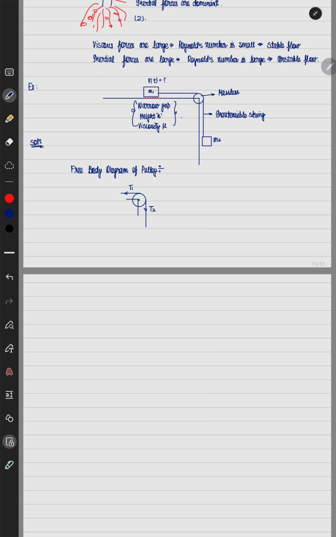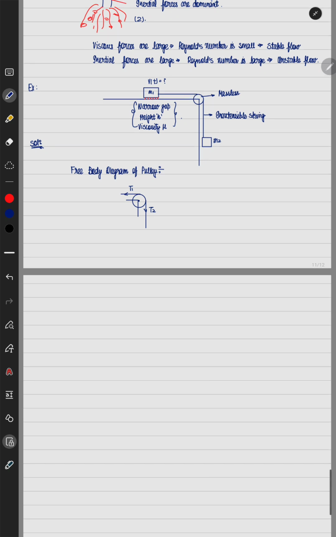table. Now since there is no linear acceleration on the pulley, as it is attached to the table and can only rotate around its axis, I need to do the torque balance, not the force balance. So what will the torque be? Summation of all torques is equal to moment of inertia I into alpha.